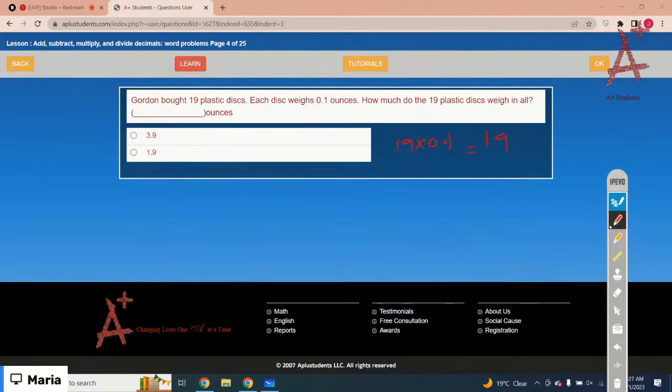Got it? So the correct option is 1.9. Just select the correct option and click on the OK button.